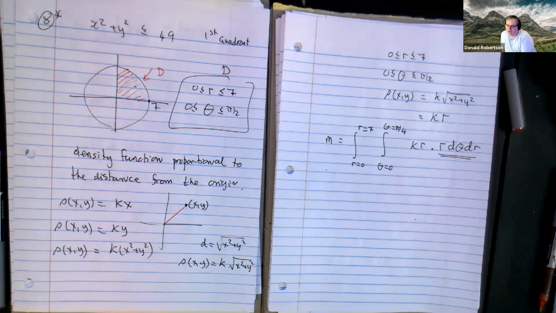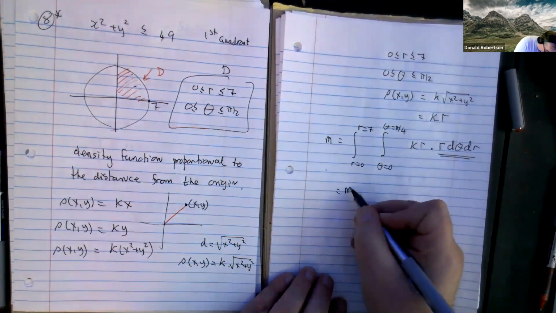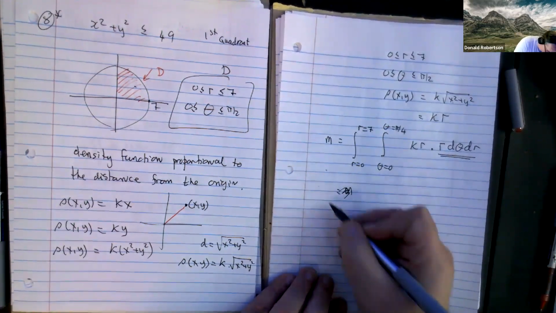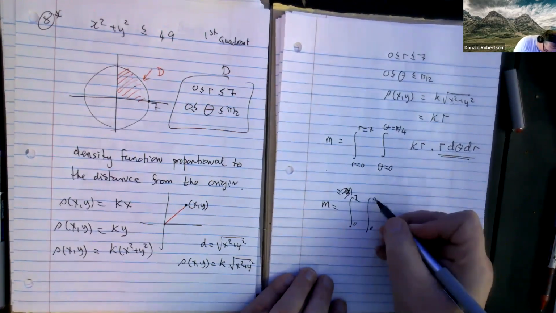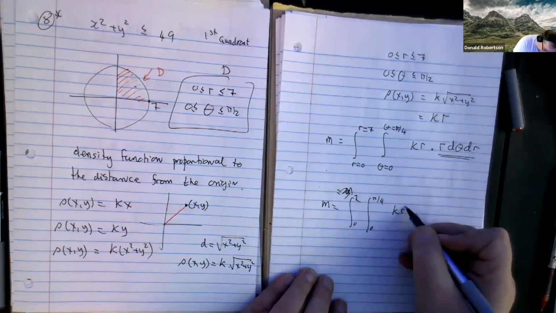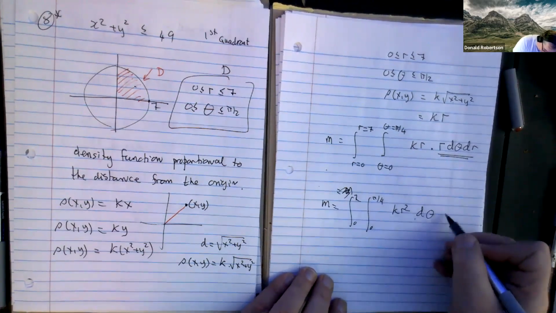When you do polar, don't you always have an r dr d theta, or in this case, an r d theta dr? So we are going to be doing 0 to 7, 0 to pi over 4 of kr squared d theta dr.